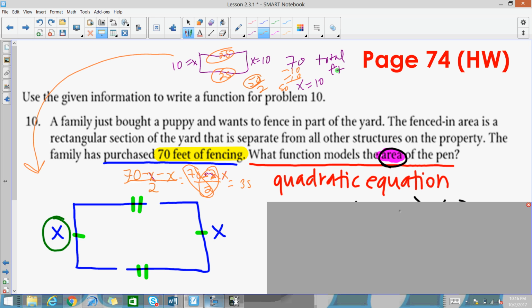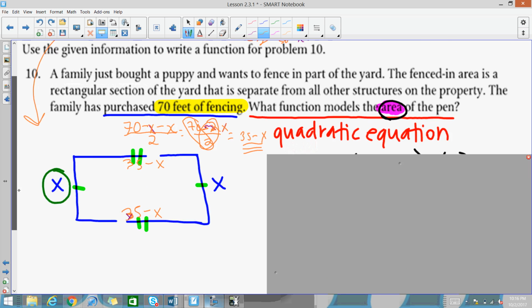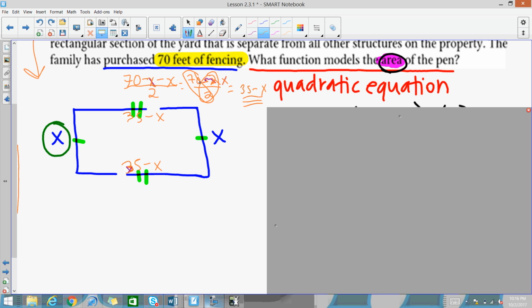Negative 2x divided by 2 is negative x. This right here, 35 minus x, is this side up here, which means 35 minus x is this bottom side also. You see that? That's just a simplified version of 70 minus 2x over 2, 35 minus x.